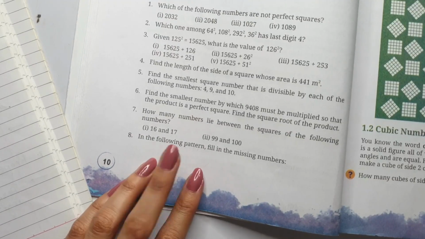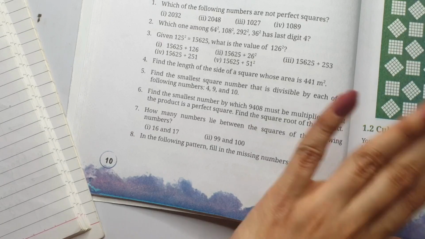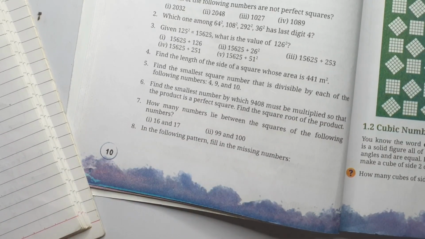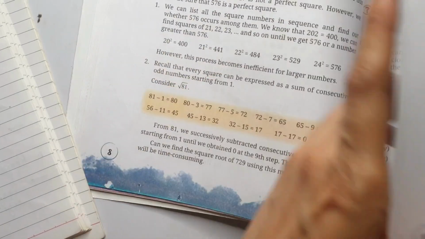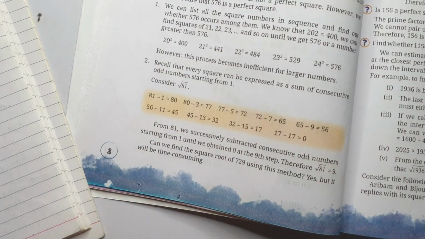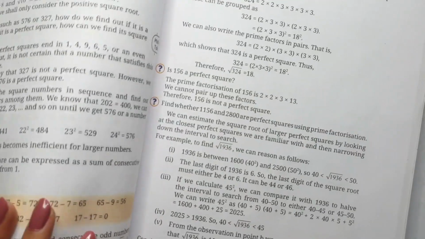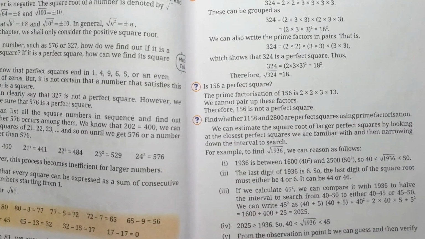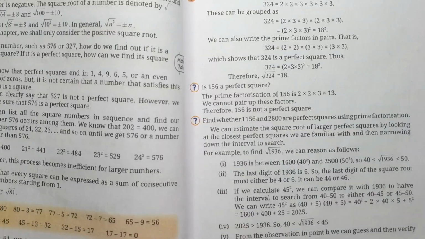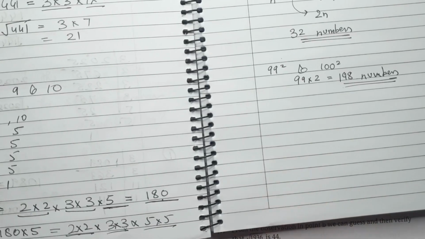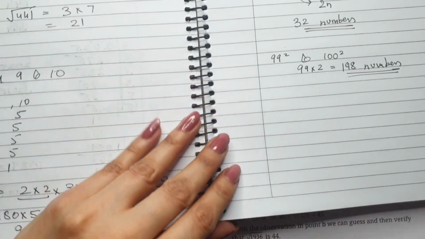Now, this is a pattern question. Before we do this, I want to cover another important thing, which is the last thing left in our chapter, which is approximation, right? What is approximation? Let's say you have a number and you want to figure out the approximate square root of it, right?